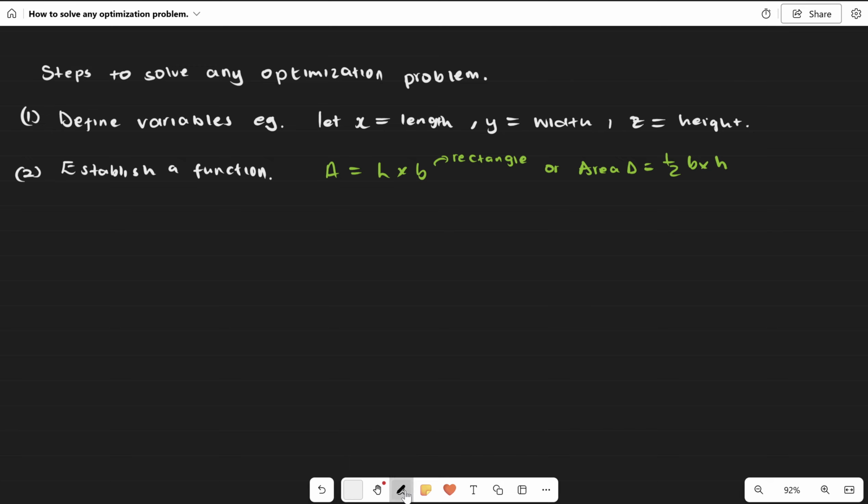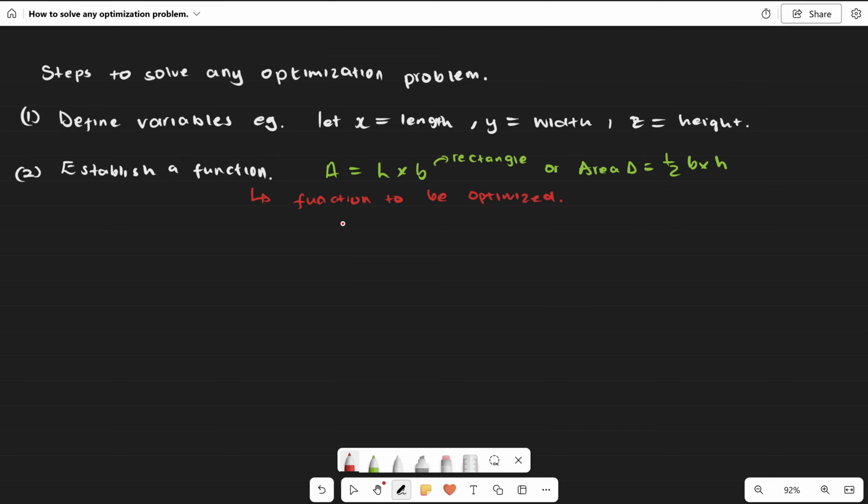So this is the function that you're going to be looking at. We need to identify the type of function that we are looking at. This function would be the function to be optimized, right? What do I mean by function to be optimized? You look at your question.